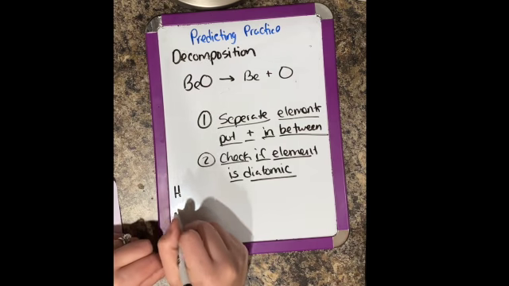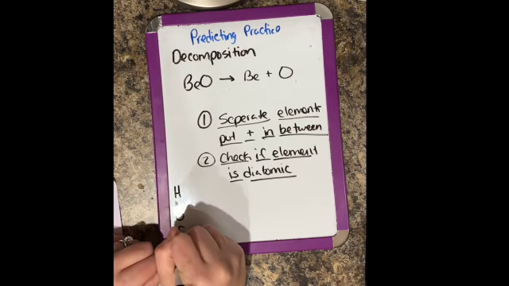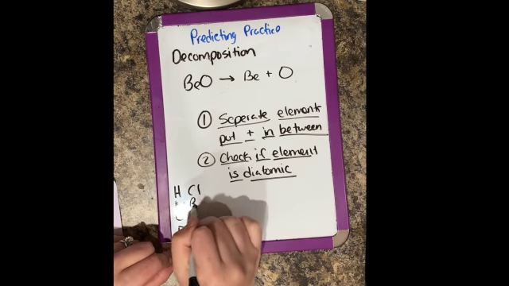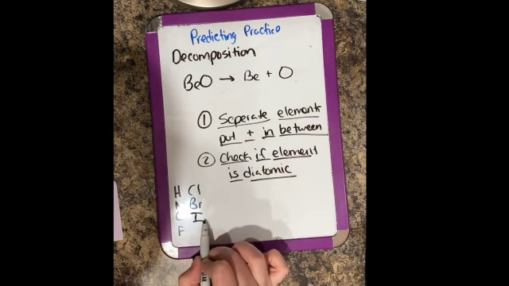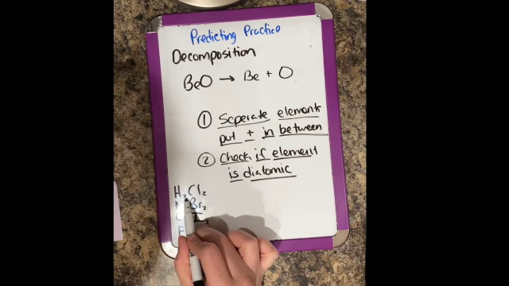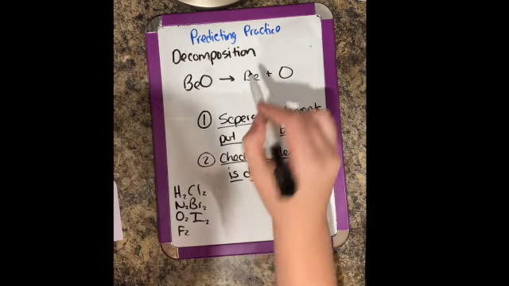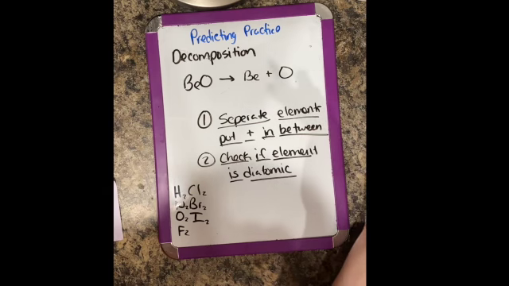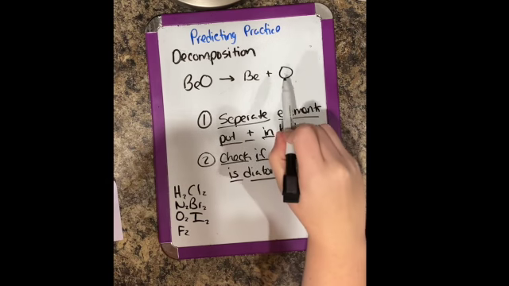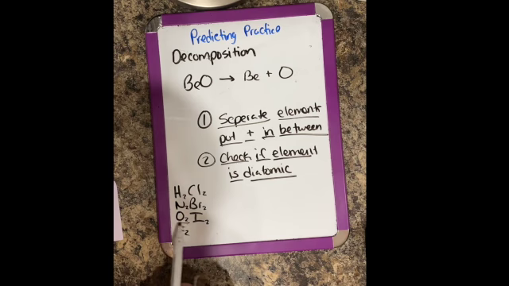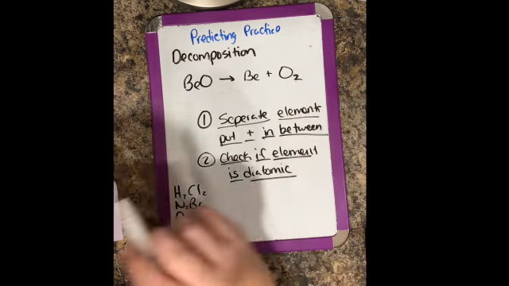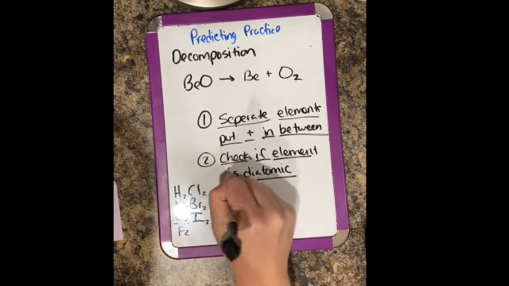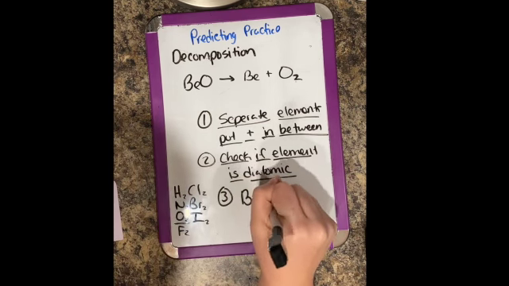That'd be H, N, O, F, Cl, Br, and I. If something is diatomic, that means that if it is by itself, there's two of them. So we'll look at our elements Be. Well, Be is not in that list, so we just leave it alone. Oxygen. Well, oxygen is on that list, so that means we need to put a 2 for oxygen. And then the third step is balance.